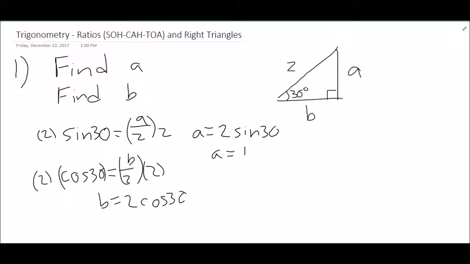Then you simply put that into your calculator, and you should get radical 3, which should be around 1.7, I believe. Let me double check that. 2 cos 30, rad 3, yep, that was correct, 1.73-ish. These are your answers. So A is equal to 1 and B is equal to 1.73 roughly.